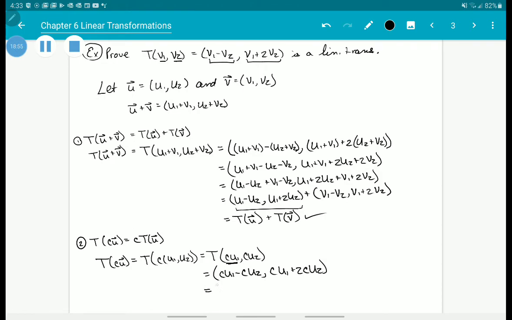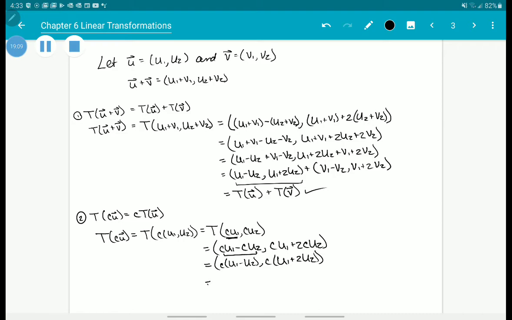Now notice we could factor a c out of those terms. And notice we could factor a c out altogether.